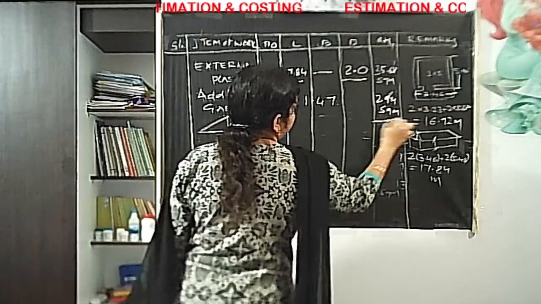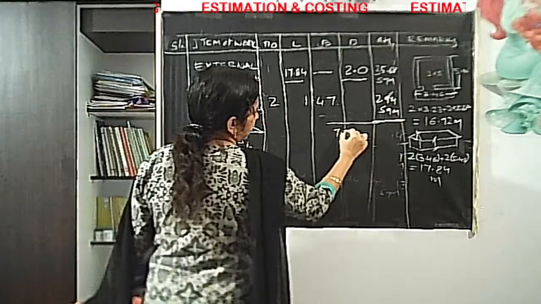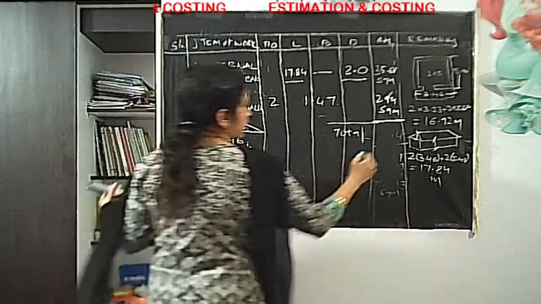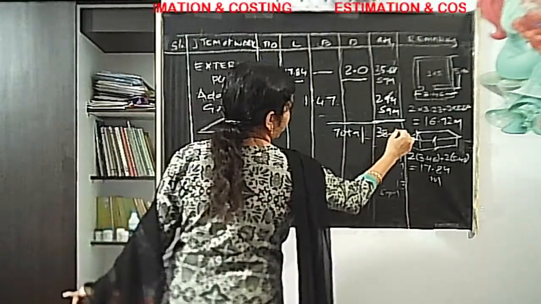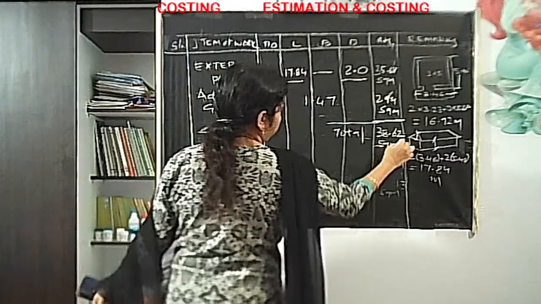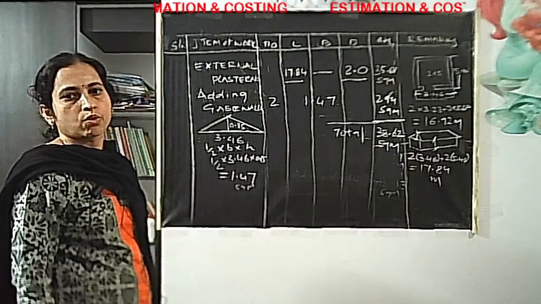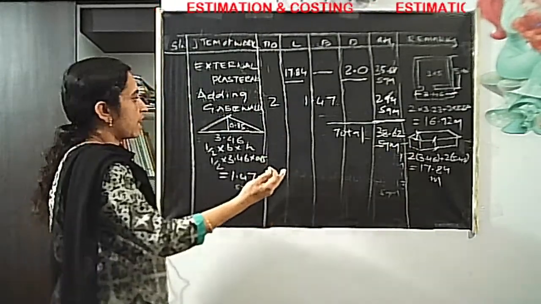After you add it up, the total external plastering is 38.62 square meter. Now, you make the deductions which we did last time.